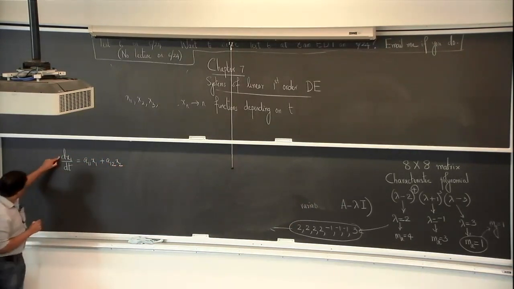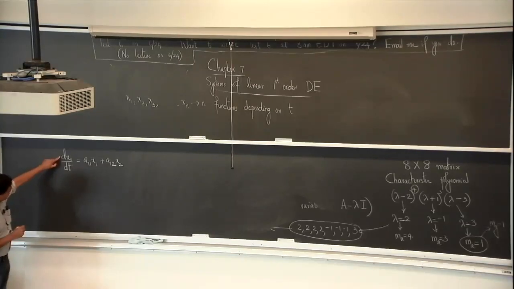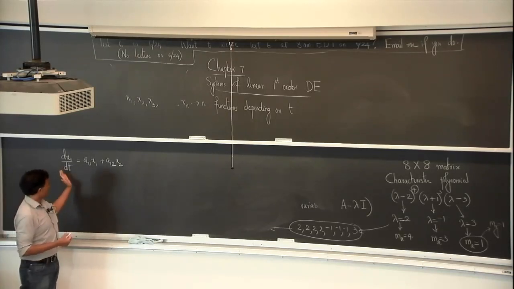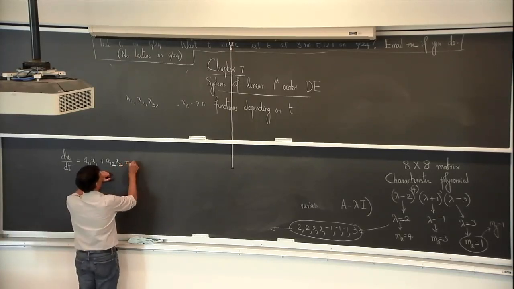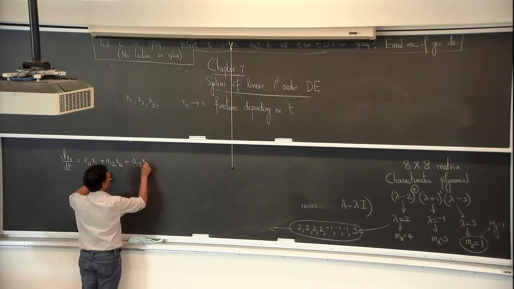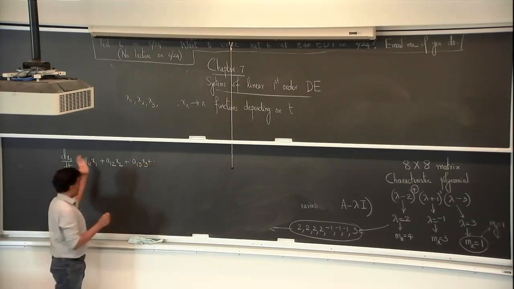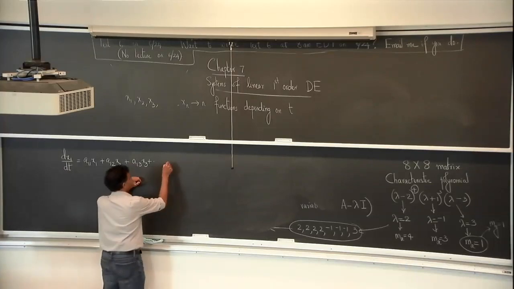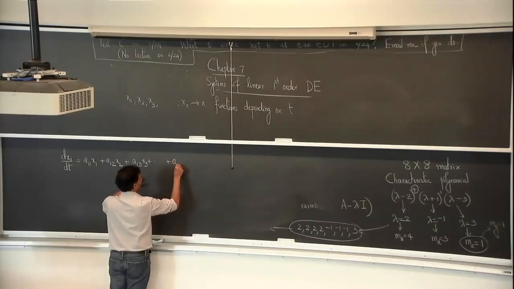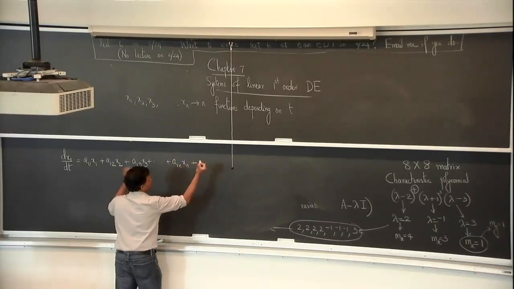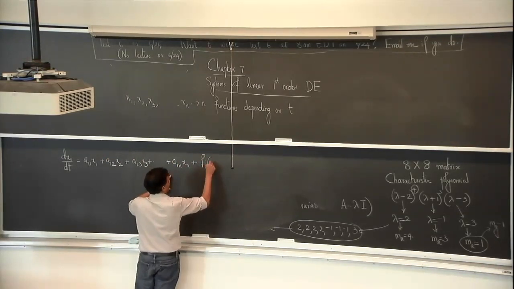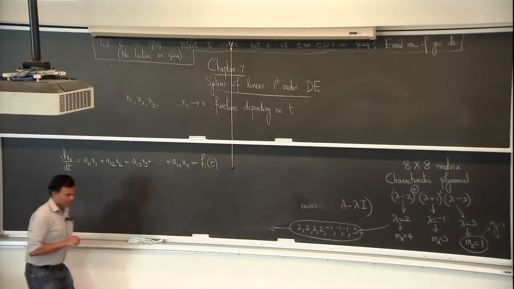So it tells you that your rate of change of x1 with respect to t depends on x1, but it also depends on x2. Okay, so it's some kind of an interspecies reaction going on here. Plus a13 x3. Now it's getting worse. So x1 depends on x3 and everything else. Okay. Plus dot dot dot plus a1n xn plus maybe some independent functions f1 of t.